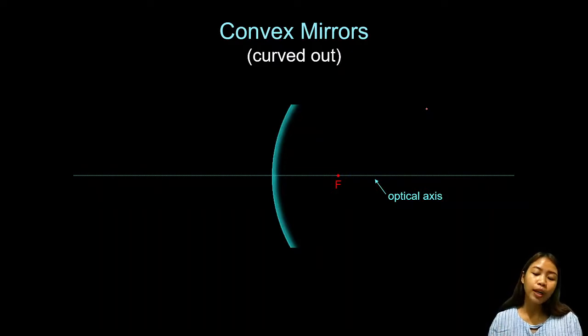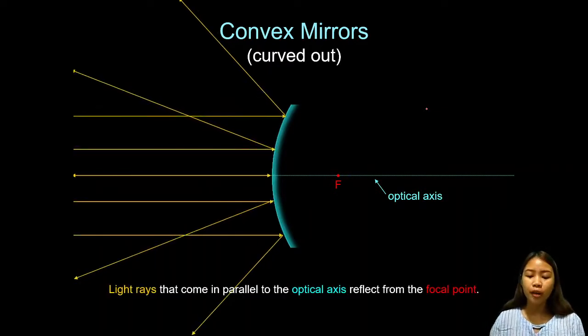But before we see where we will place our object, let us take a look first at how the light diverges using the convex mirror. Instead of converging, as in the concave, in the convex it diverges. Okay. So, here are the light rays. Once the light rays hit the convex mirror, they scatter, they diverge. Okay? So, there.